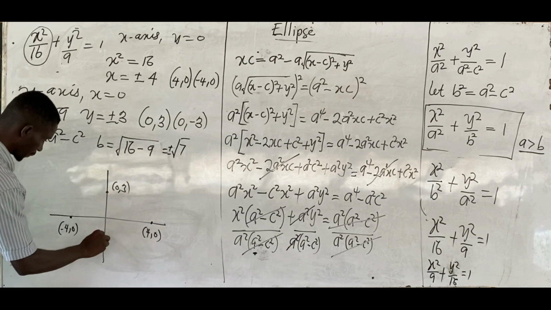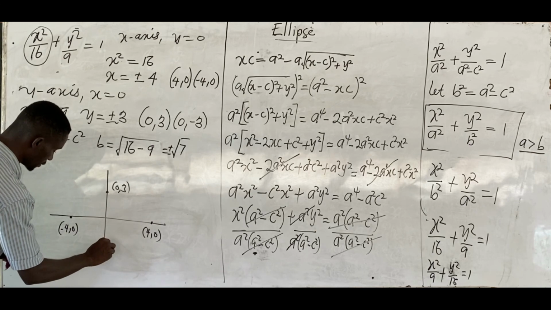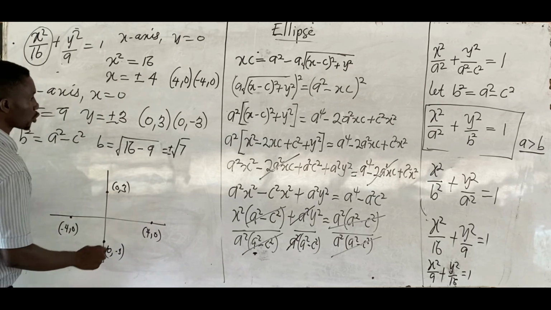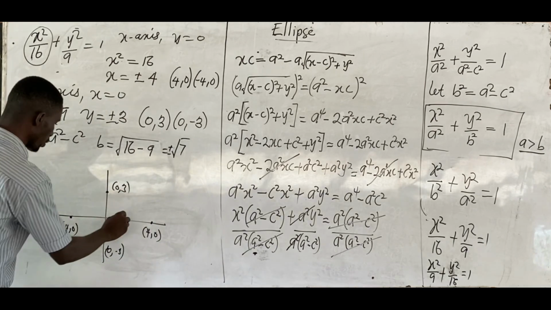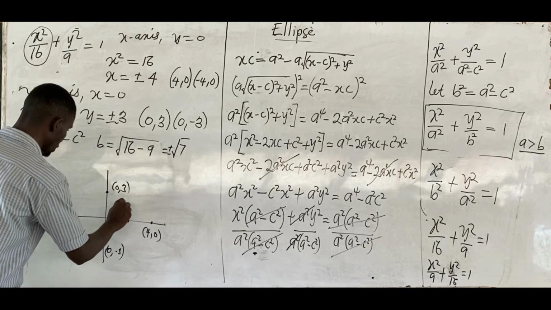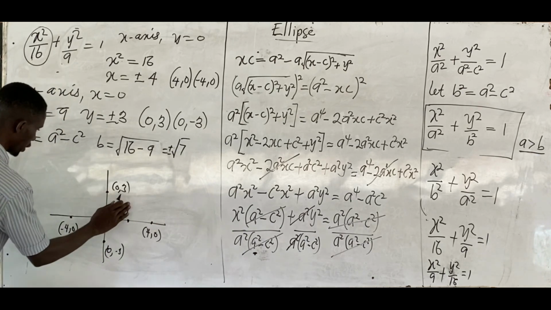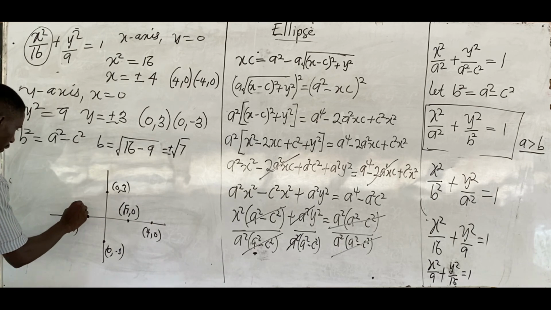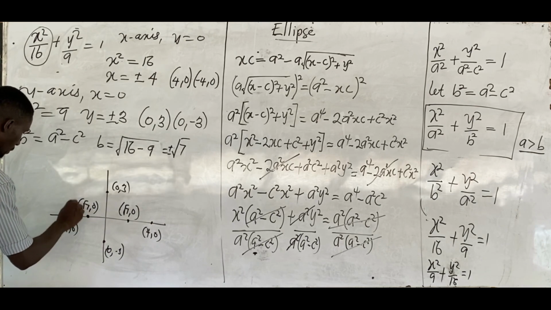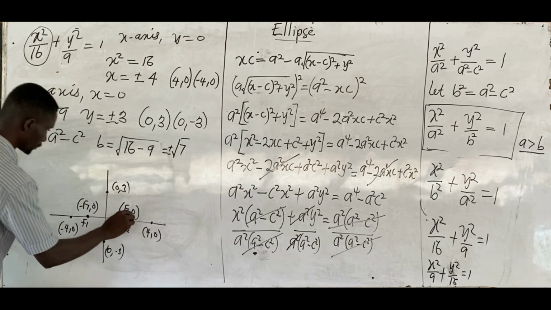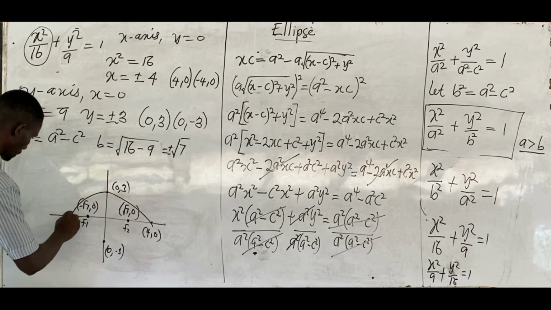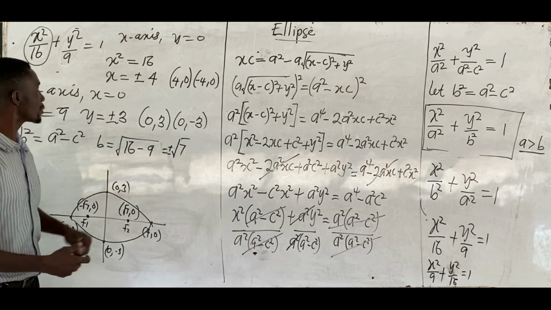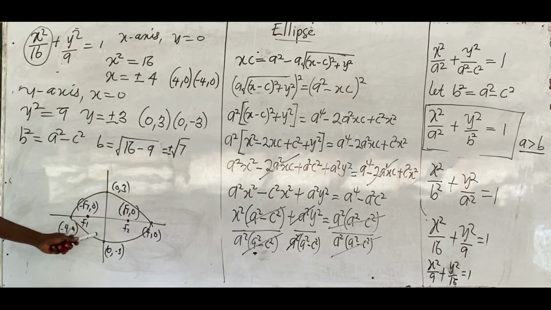Then the foci: root 7 is probably 2 point something, so positive root 7, 0 and the same distance here, negative root 7, 0. These are F1 and F2. And it will pass through them, and this is your beautiful ellipse. That's how we have drawn it.